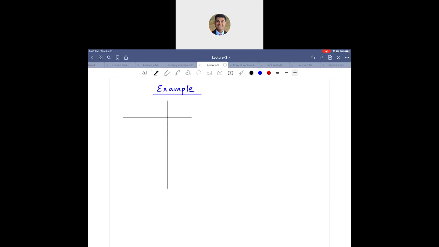Let us stick to M, N and P. And my output is, say, Q. And I have 0, 0, 0, 1, 0, 1, 0, 1, 0, 1. 2 zeros, 2 ones, 2 zeros, 2 ones, 4 zeros, and 4 ones.